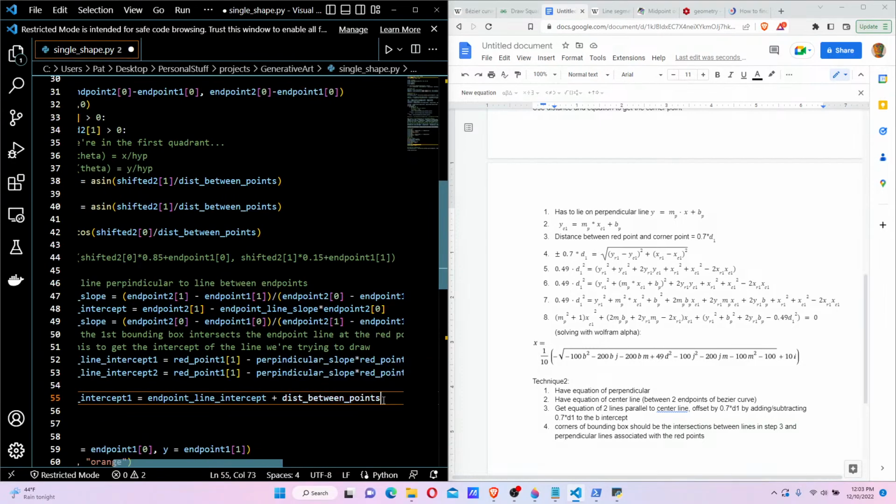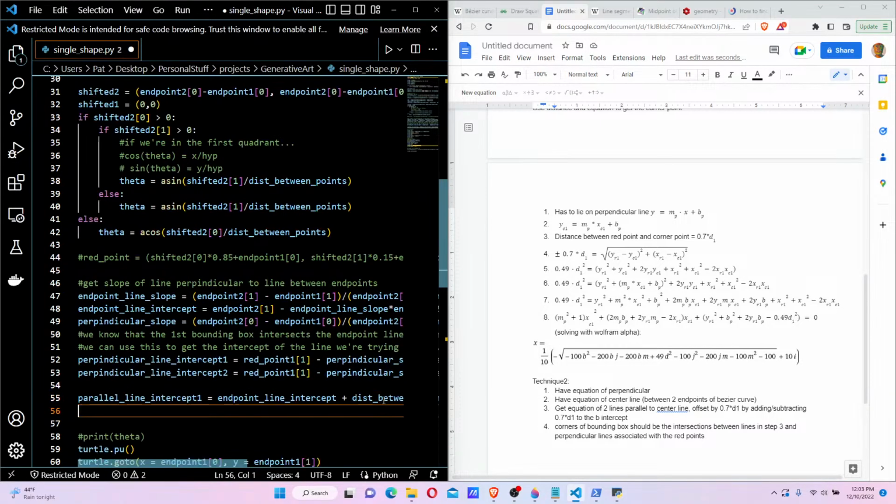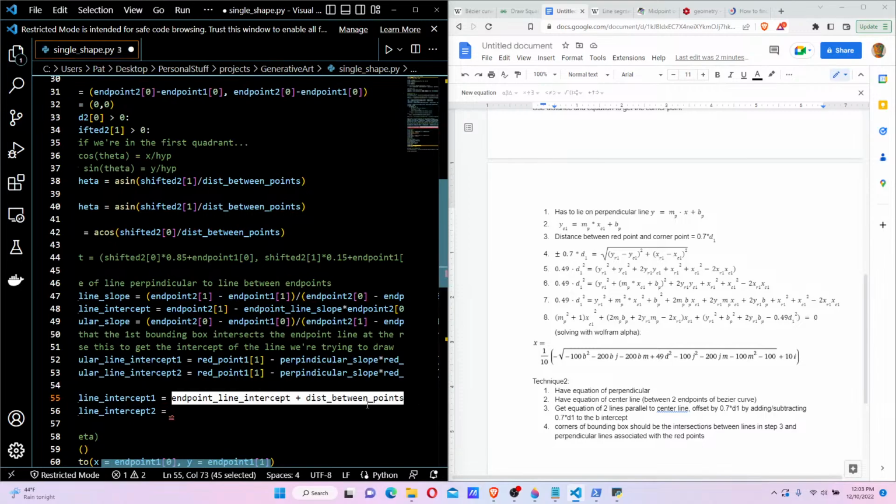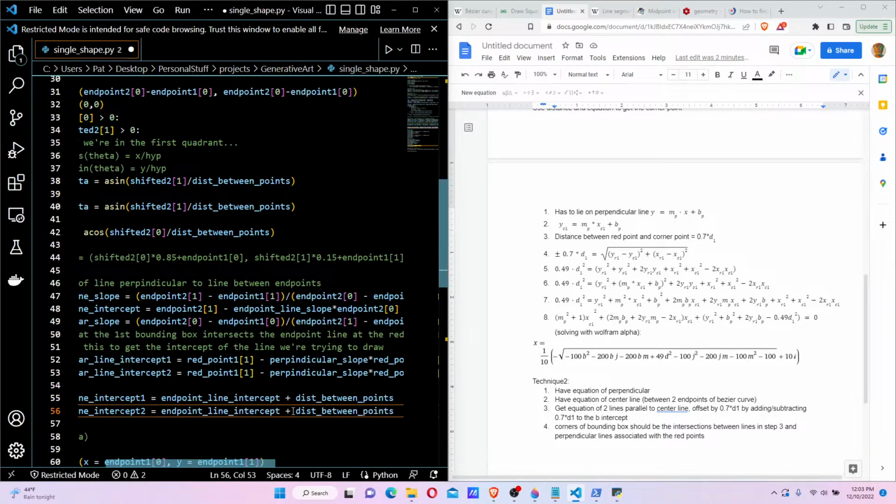And then parallel line intercept 2 is equal to, well, it should be the same as the previous line, except there's a minus sign between the terms.